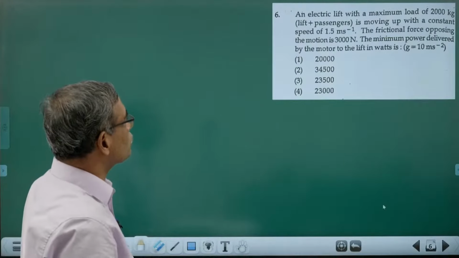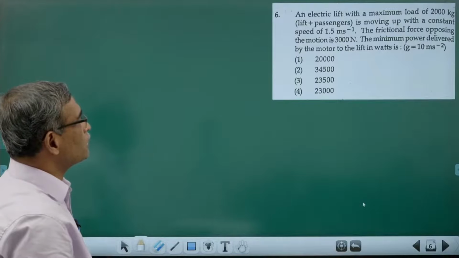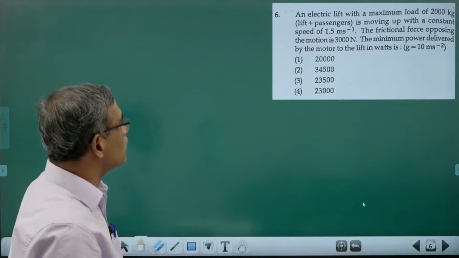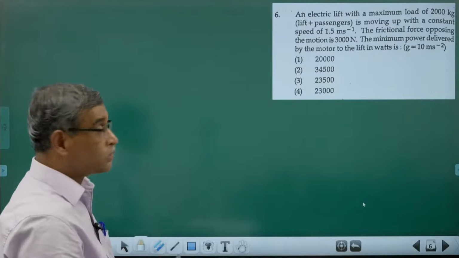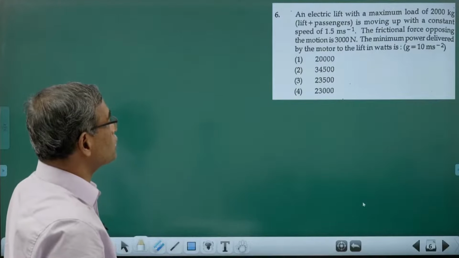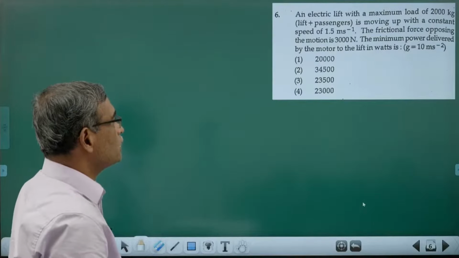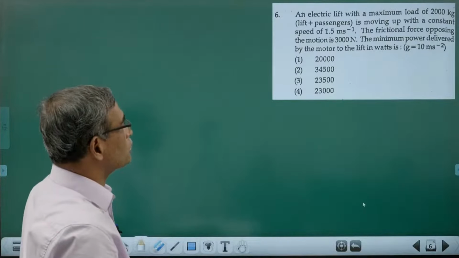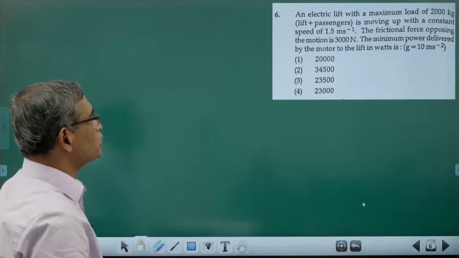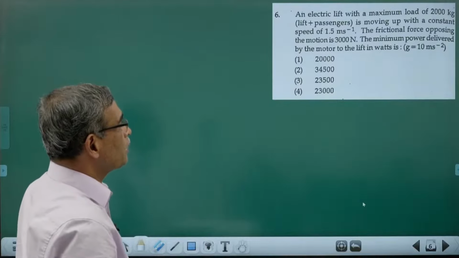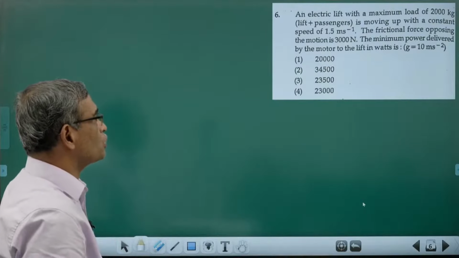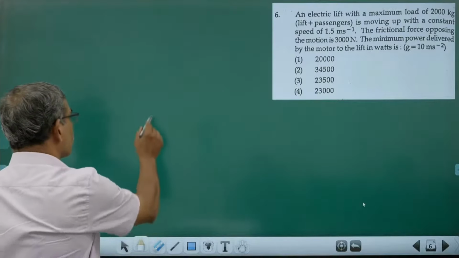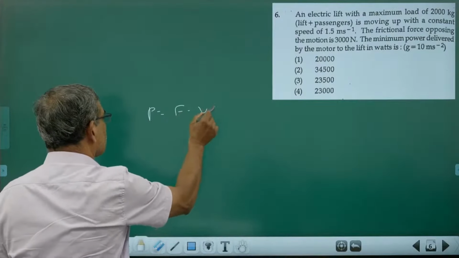Now come to our next question. A lift with a maximum load 200 kilogram, with a passenger, is moving up with a constant speed 1.5 meter per second. In addition, the frictional force opposing the motion is 300 Newton. The minimum power delivered by the motor to the lift. Now, the power formula is given by force into velocity.